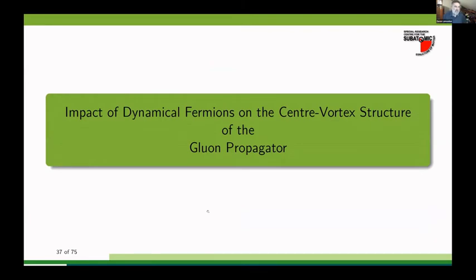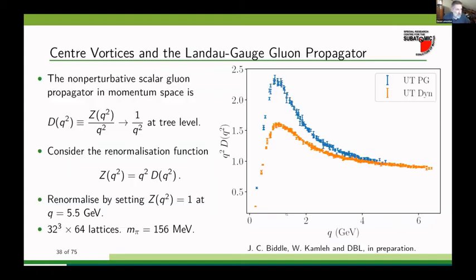Okay, so what about the impact of dynamical fermions on the center vortex structure, the gluon propagator? Let's have a look at the gluon propagator. When we're studying the propagator, we're looking at D(q²), which is typically written as a renormalization function over q², because at tree level, the gluon propagator goes like 1 over q².